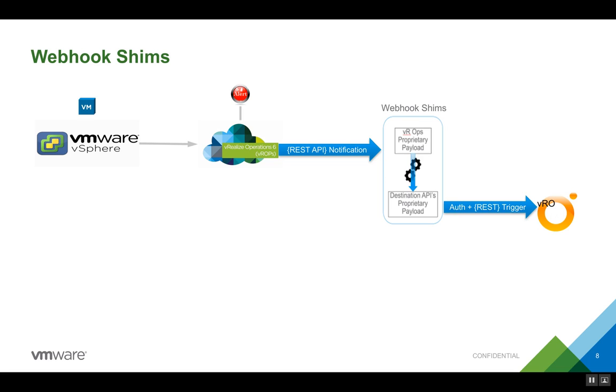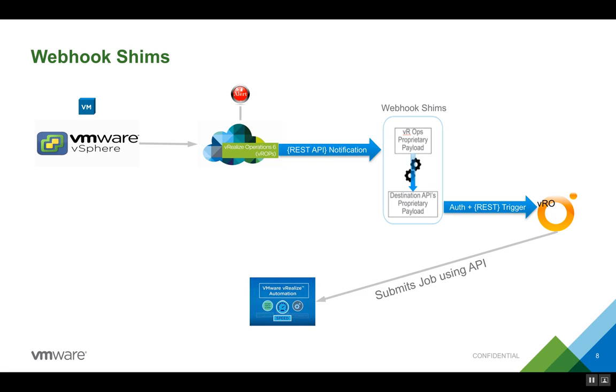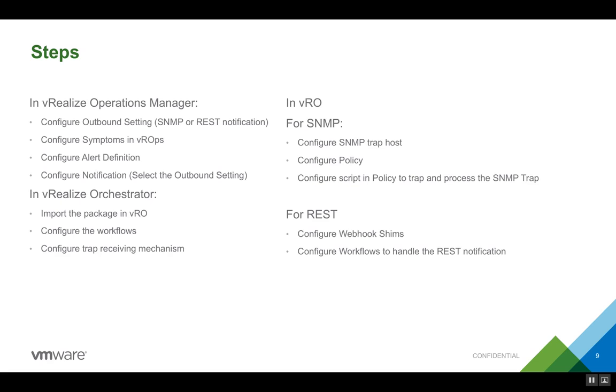So webhook shims will process that and send the trigger to VRO. VRO will handle that request and then submit a job accordingly, say scale out or scale in, to vRealize Automation server using the APIs that it has. vRealize Automation in turn will ask the endpoint to create the virtual machine or delete the virtual machine according to the kind of alert that it generated, and the machine would be created. So a virtual machine would be created in vCenter server or any other endpoint that you have. So that's the entire workflow of using the notification, right?